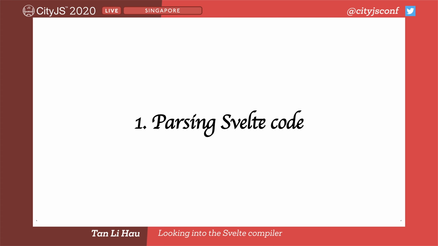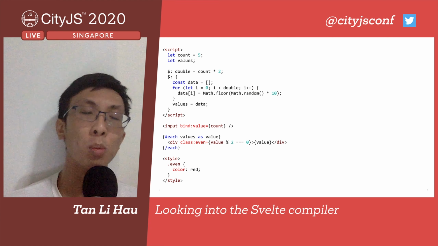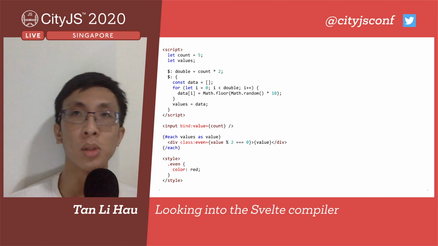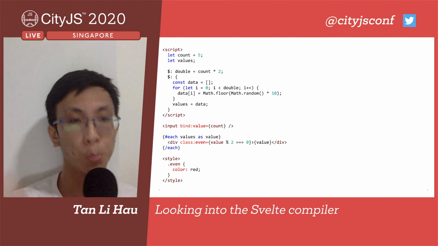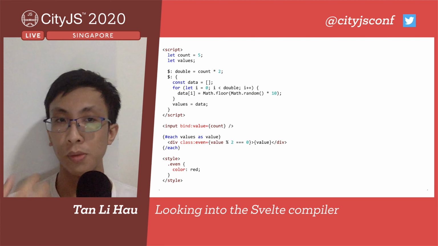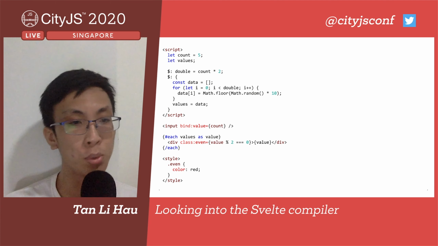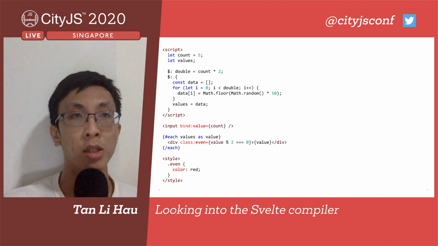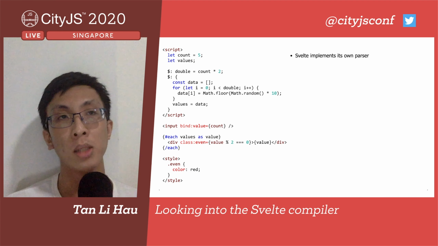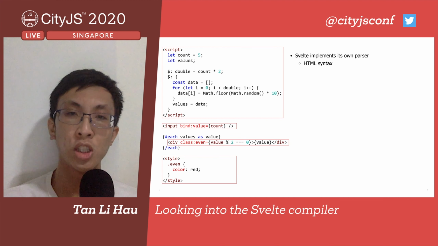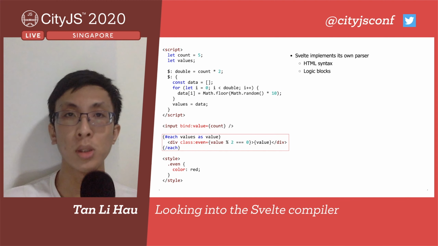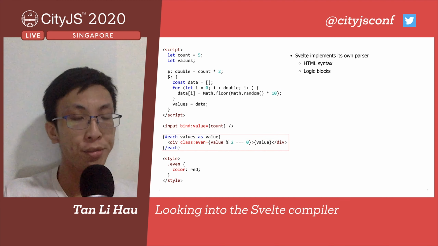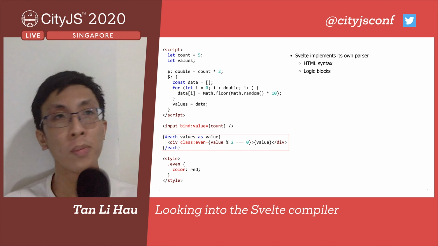So let's start from the beginning, the parsing. Here is a Svelte component that we are going to use throughout this talk. So we have variables, an each block, an input, and binding. Svelte implements its own parser that parses HTML syntax as well as logic blocks such as if, each, or await.